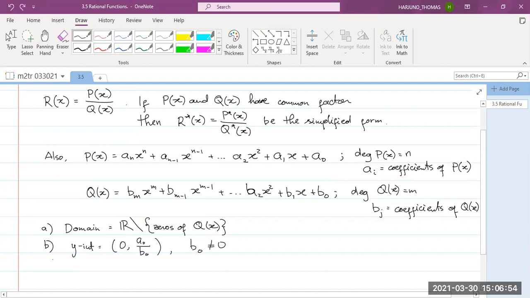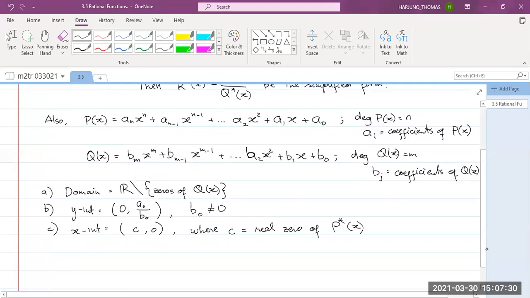Okay, how about the x-intercept? X-intercepts are, maybe I use C, (C, 0), where C equals real 0 of P star x in the domain.